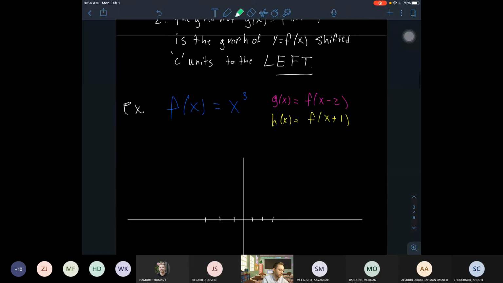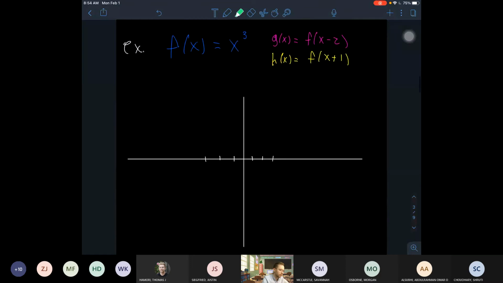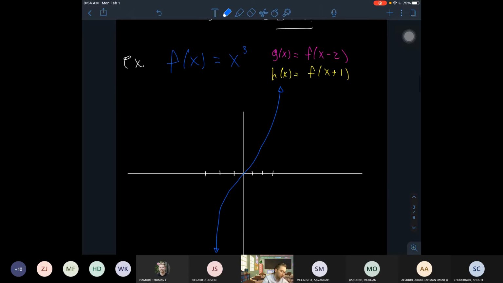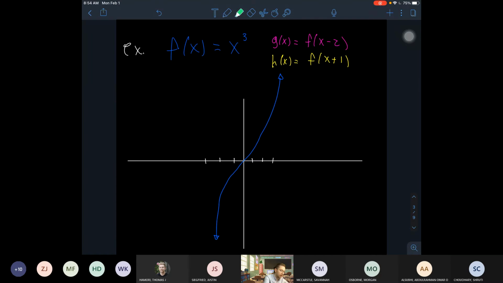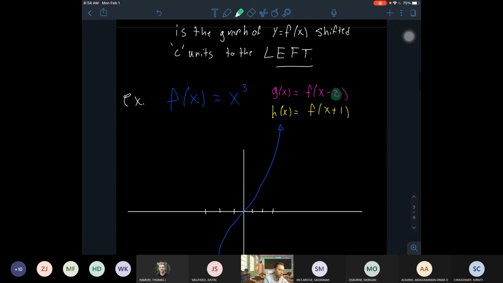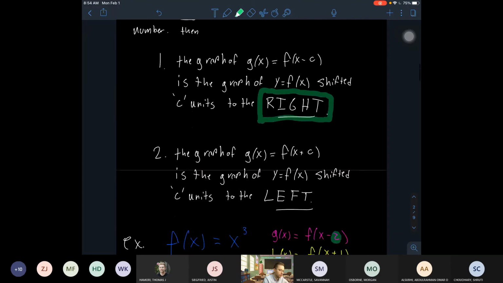So let's try graphing some horizontal shifts. We'll take this function f of x equals x cubed. Let's draw the original function. It looks something like this maybe. Now remember, I've got g of x here. It says f of x minus 2. So I take a positive number and I subtract it, so this is going to fall under category 1.